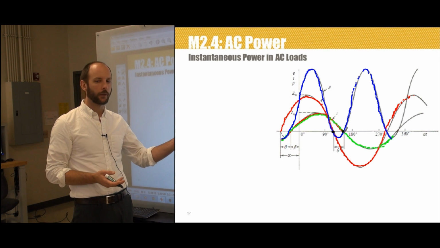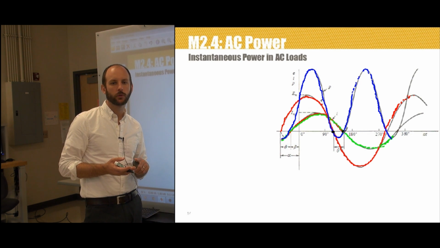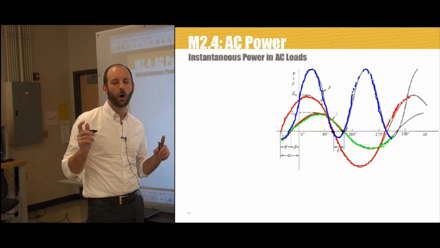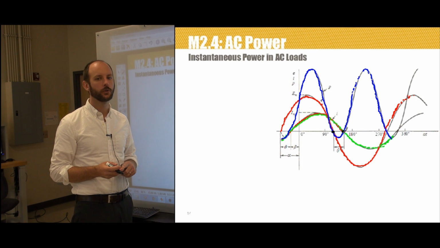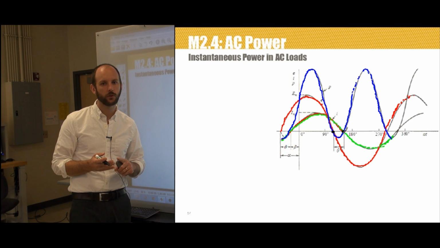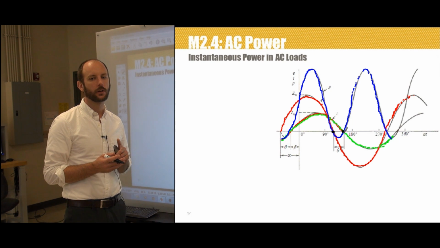What we can say about this graph, and it's always true, is that the formula P equals IV will hold true for instantaneous conditions. What I mean by that is it's always true that the instantaneous value of power is equal to the instantaneous product of current and voltage.